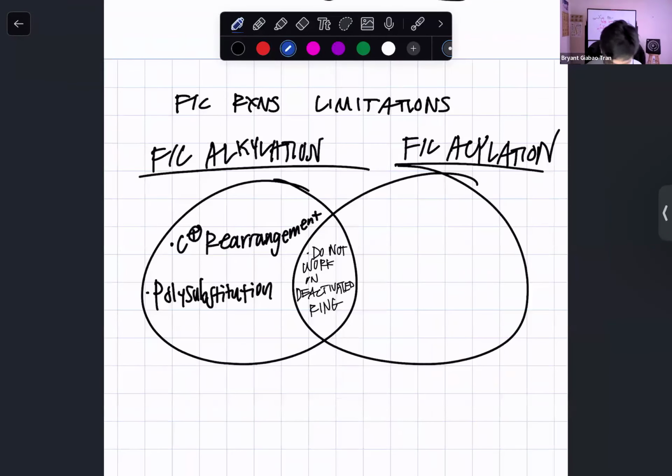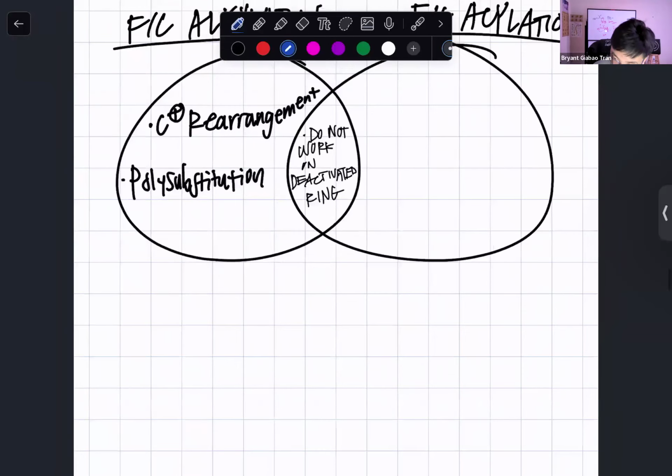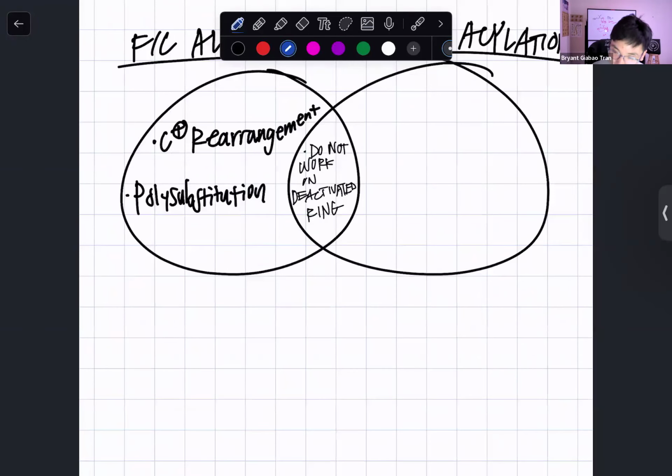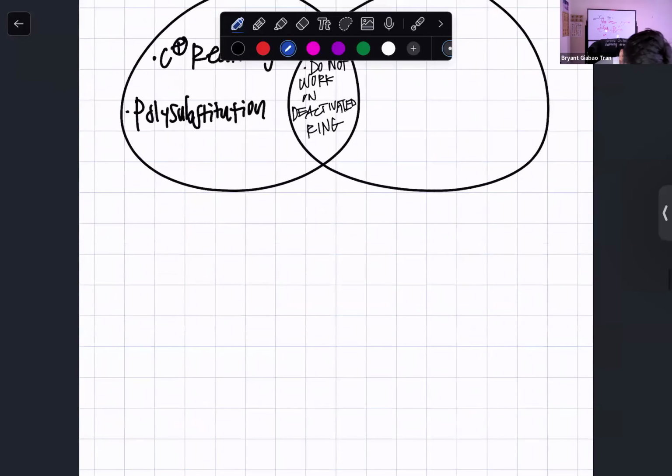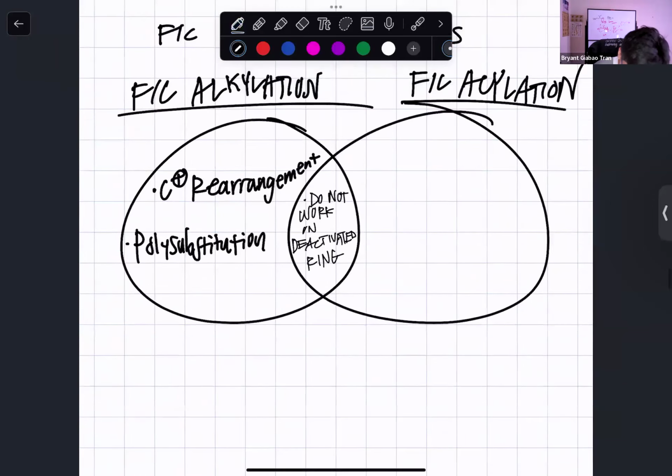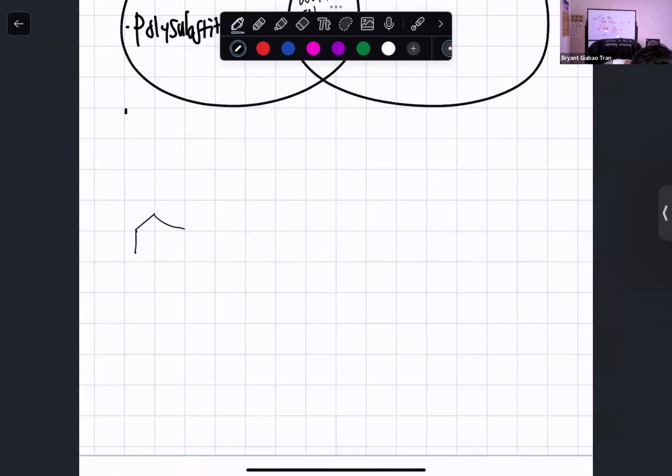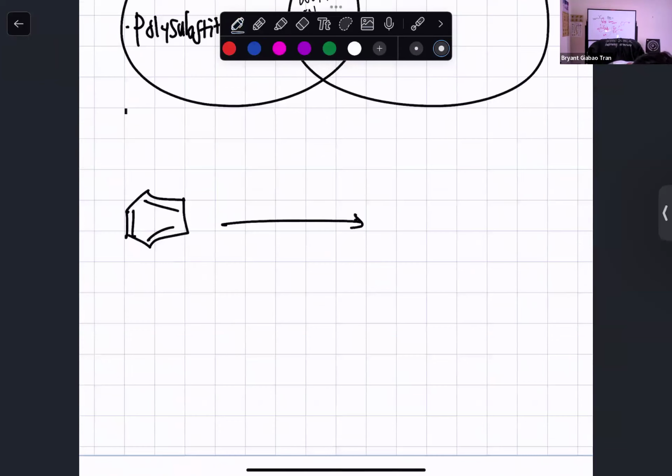Okay. So let me explain to you guys the limitation of Friedel-Crafts alkylation more, because let's say we have this benzene ring right here reacting with this reagent, right?